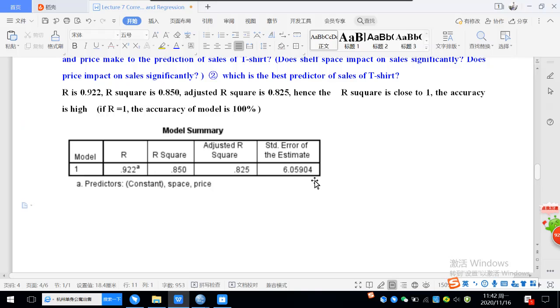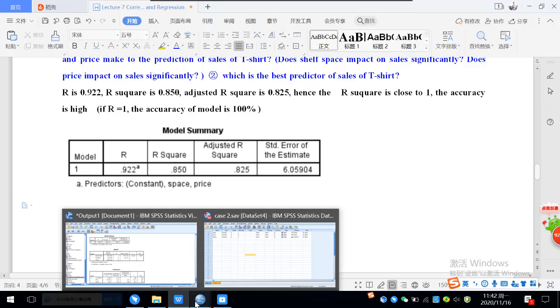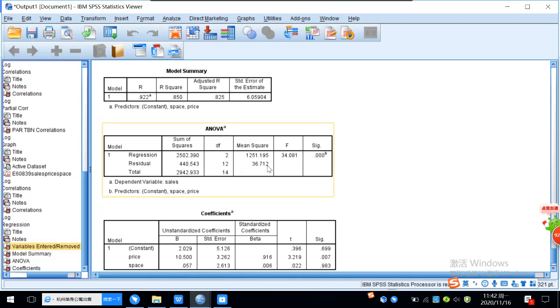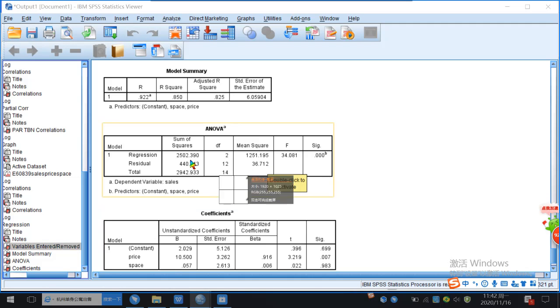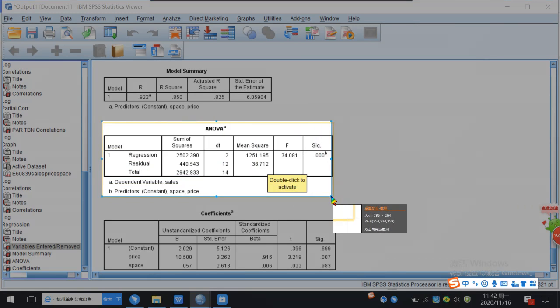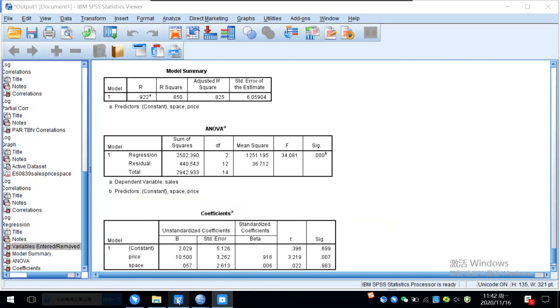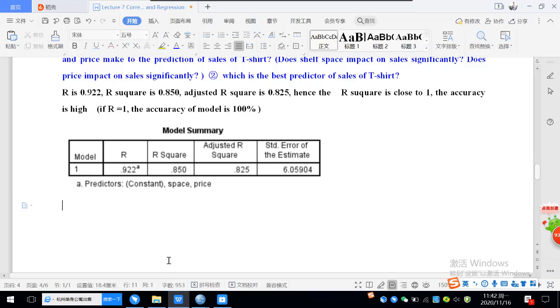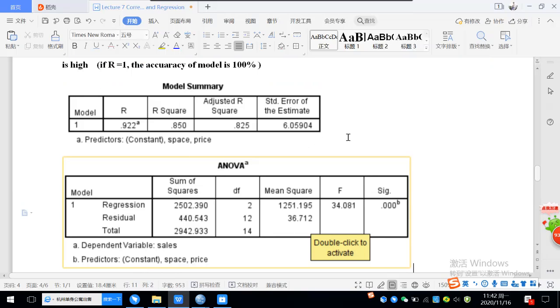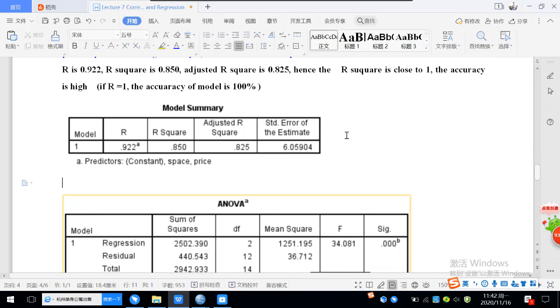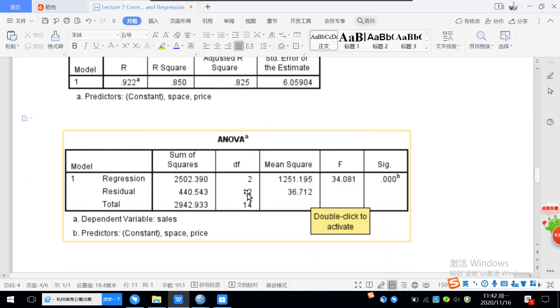Okay, next is the ANOVA. Okay, let's look at the ANOVA here. The ANOVA is to test if the model is significant.